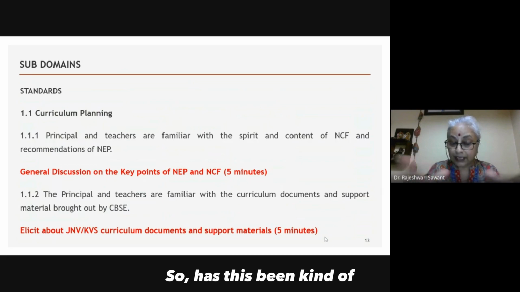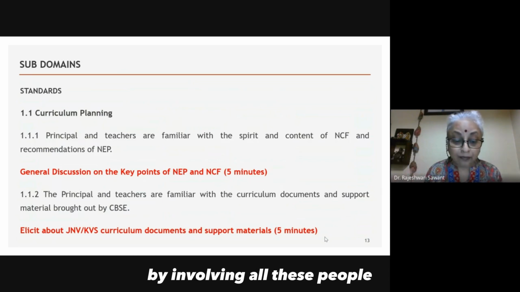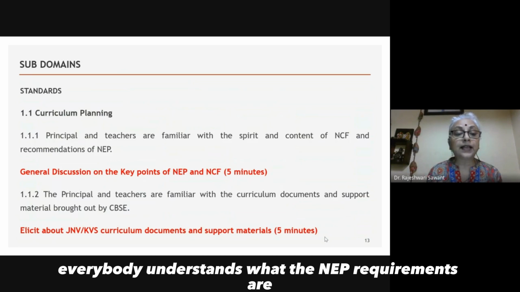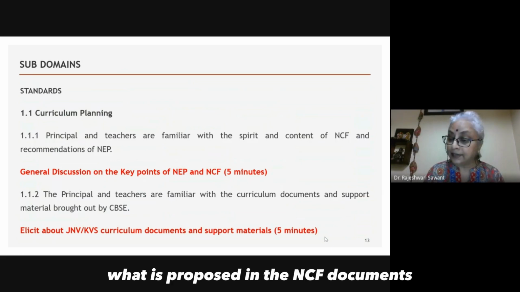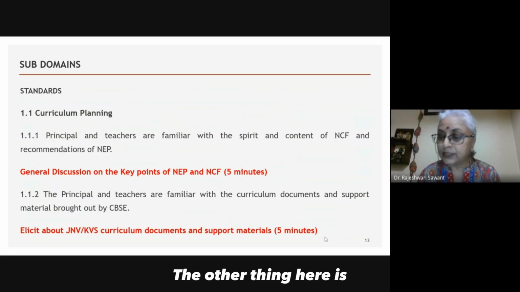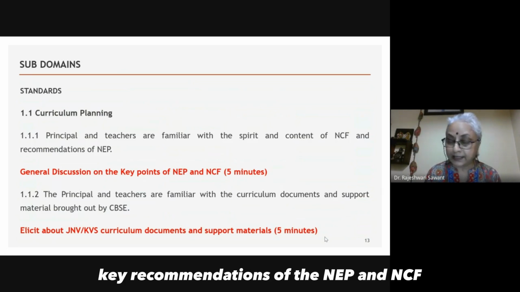So, has this been dwelled upon by involving all these people, and has it been discussed in such a way that everybody understands what the NEP requirements are, what is proposed in the NCF documents? So that is one aspect. The other thing here is school leaders have identified the key recommendations of the NEP and NCF.